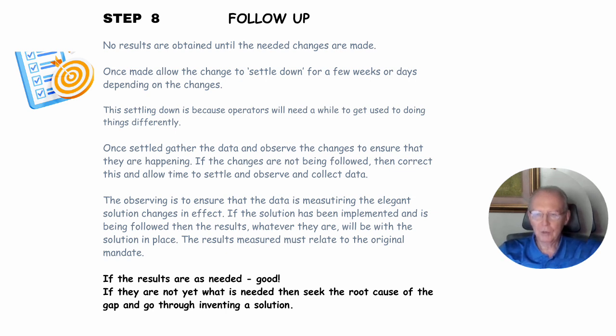And if you've made all these changes and they're not working 100%, all it means is that there's some other cause somewhere that you haven't been able to pick up on. And so don't let it worry you that you might have to go back again, do a bit more work. But keep in mind that you want to achieve your goal or your target, and that's why you do this measurement.